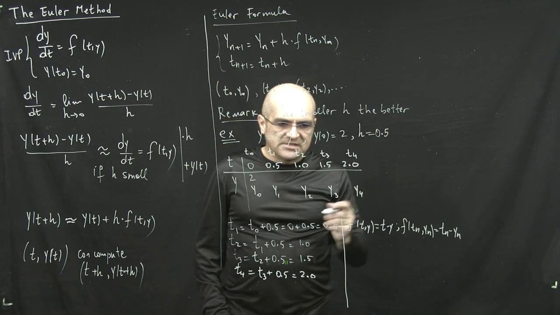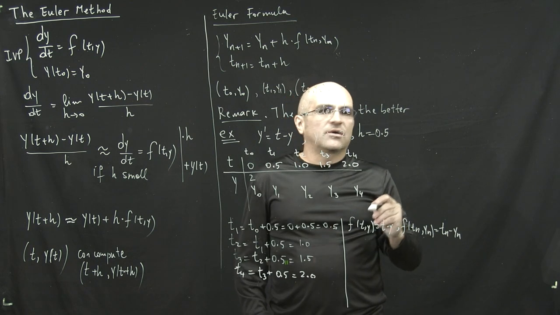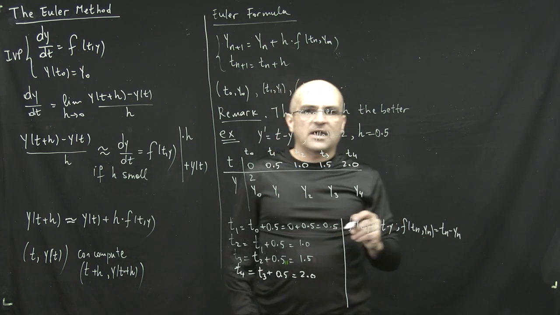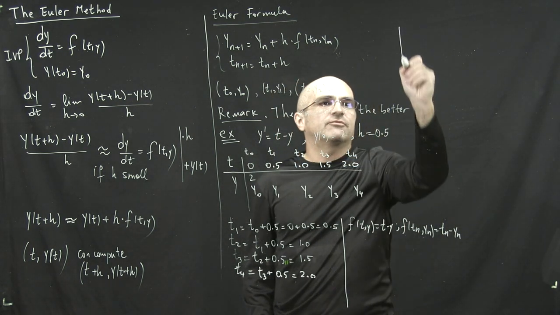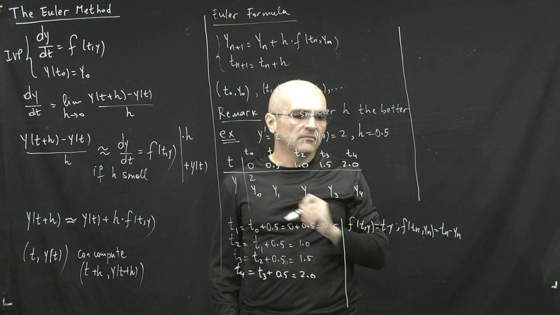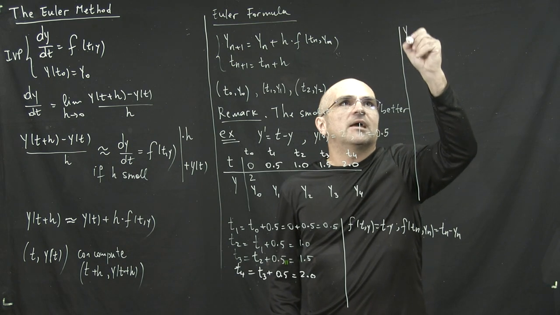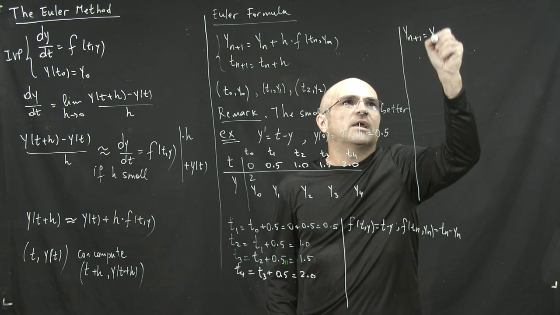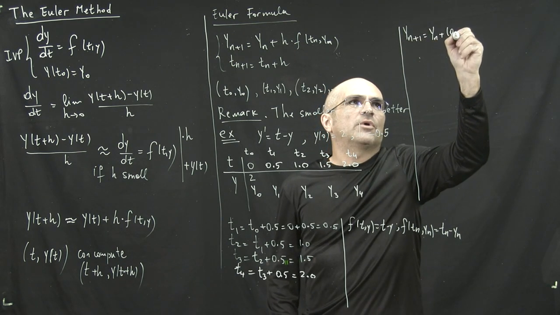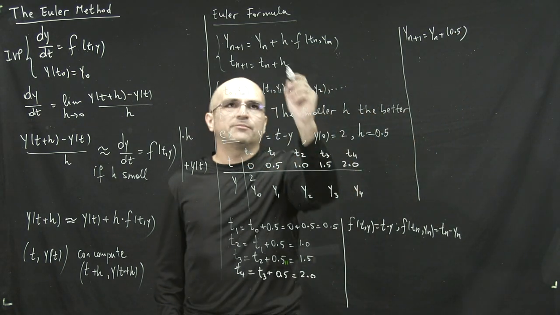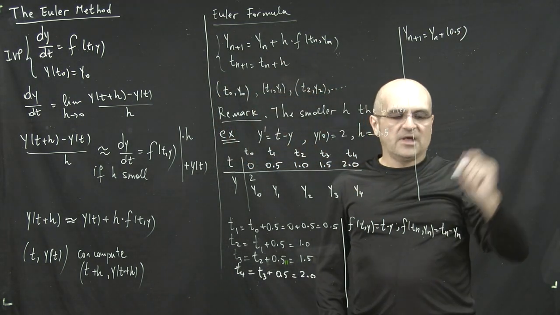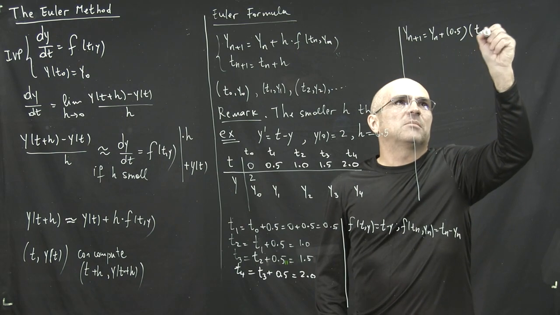Let's update these values as well. The Euler formula, and let's put it here so we have enough room, reads in your case yn plus 1 equals yn plus 0.5, because that's your h value, times f of tn, yn, which is tn minus yn.